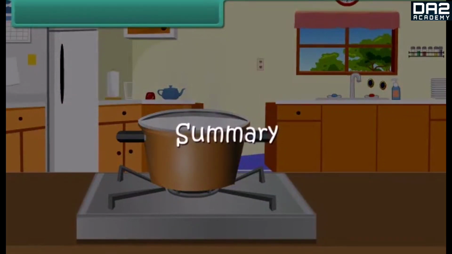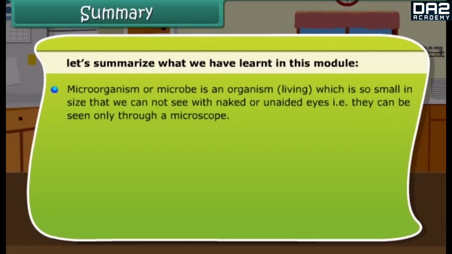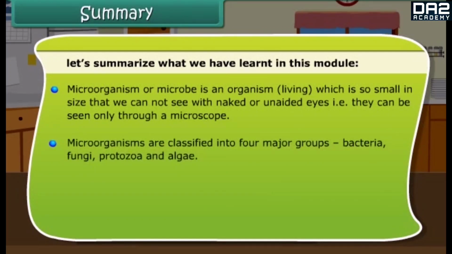Summary. Friends, let us summarize what we have learned in this module. A microorganism or microbe is an organism so small in size that we cannot see it with naked or unaided eyes, that is, it can be seen only through a microscope. Microorganisms are classified into four major groups: bacteria, fungi, protozoa, and algae.